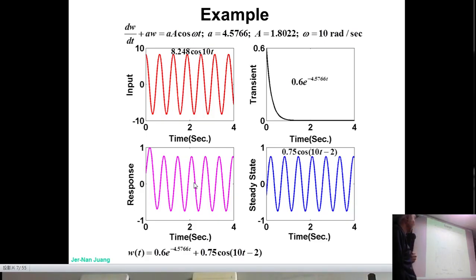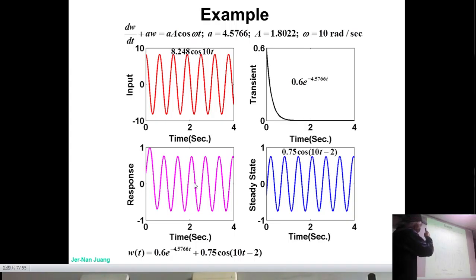The amplitude here is 8.248, but the amplitude there is 0.75. Compared with 8.248, that means you have a gain, which comes from your W of omega.